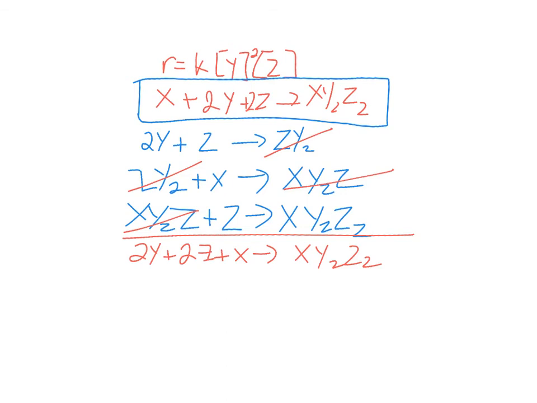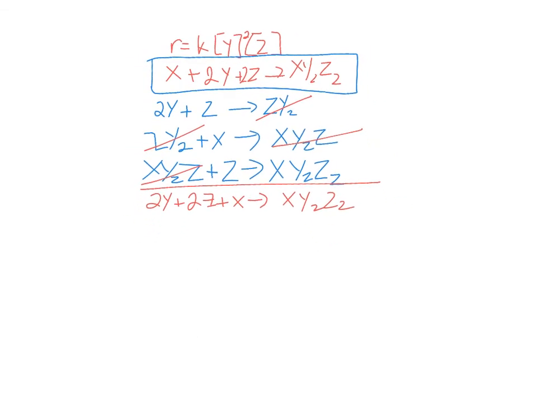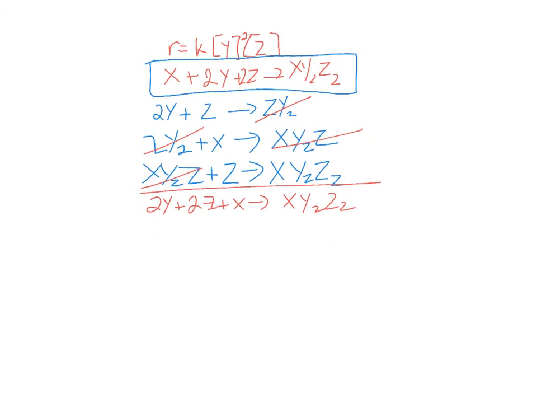You could have made a D. You're trying to make something that will cancel so you can introduce your next reactant so that you can have it in your overall. We would just do that if you ask for a reaction mechanism. It doesn't matter what your products are because your products are never in your overall.